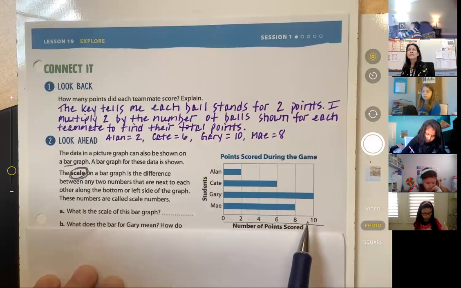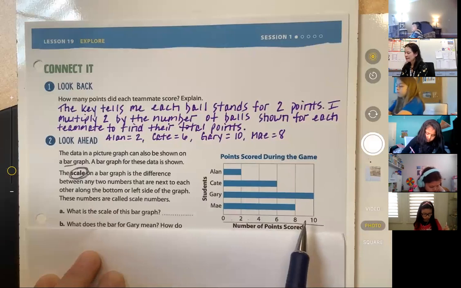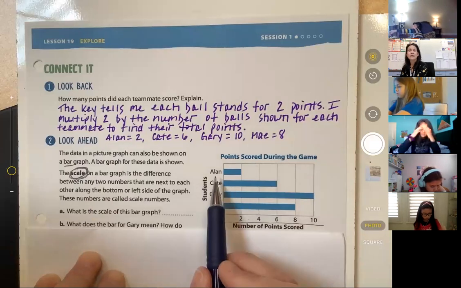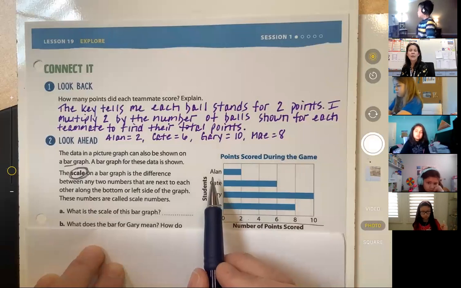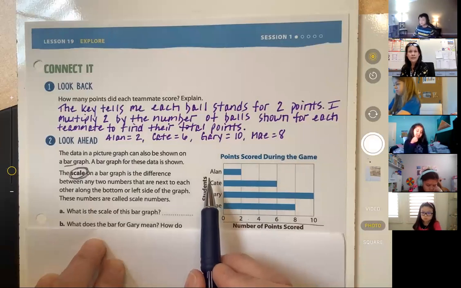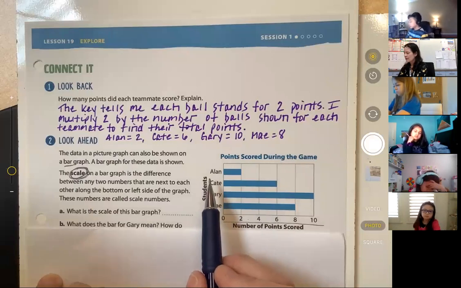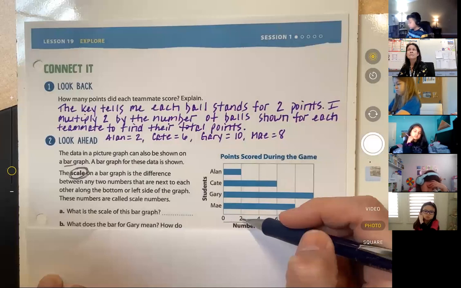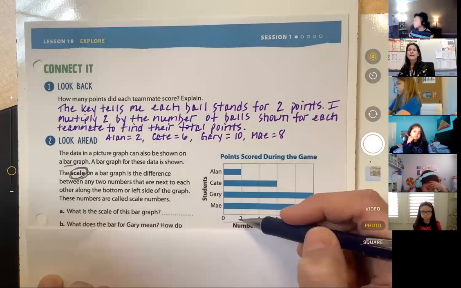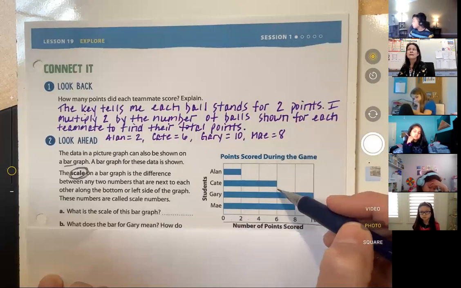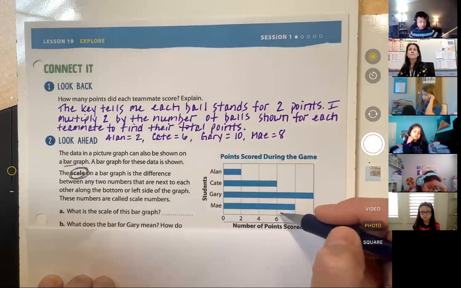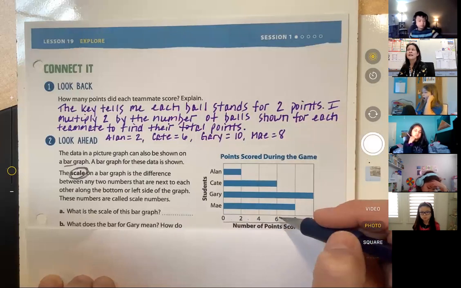So friends, let's go back to our teammates for a moment. Let's go back to Alan, for example. Remember on our picture graph on the prior page, we talked about how Alan scored 2 points because he had a basketball, right? And that was the key. The key told us that. But take a look in here and how it's represented on the bar graph. See that too? That's like a basketball, right? We determined that Kate scored 6 points, yes? So please take a look down on the scale, you can see that that 6 points is just like those 3 basketballs.